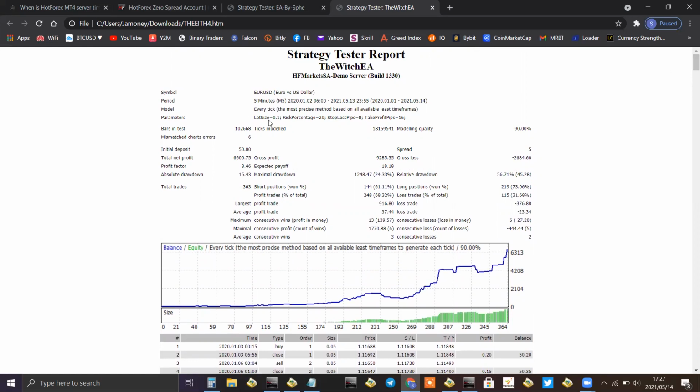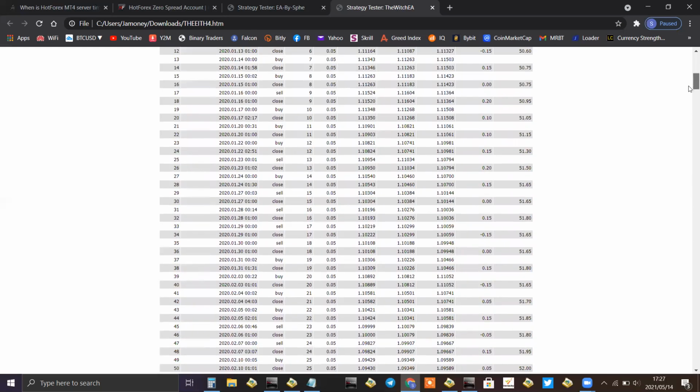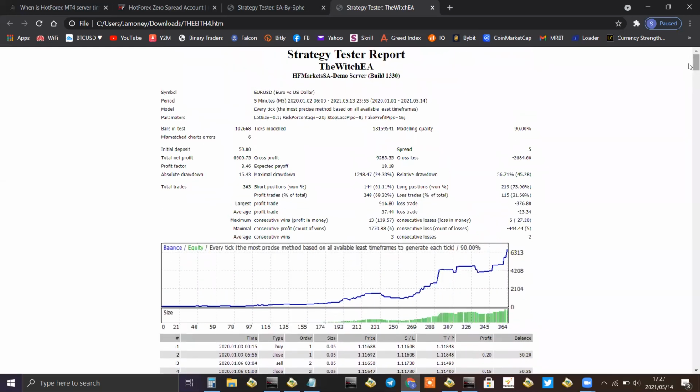Or if you just want to use a fixed stop loss, I mean a fixed lot size, you can adjust this here and turn off the 20%. So again, $50 went straight up to 6,000, but that's after we have taken out the spread factor. So maybe the correct amount would be around 4,600. The other 2,000 will be for commission.